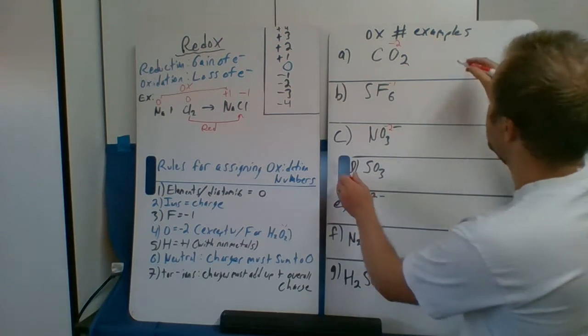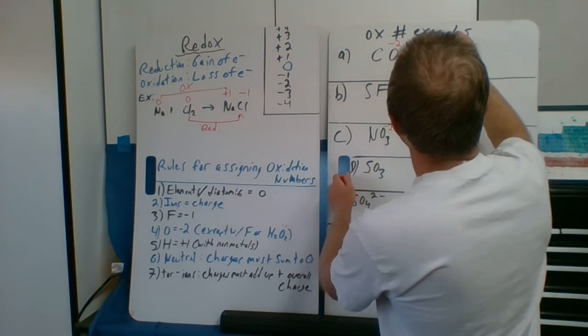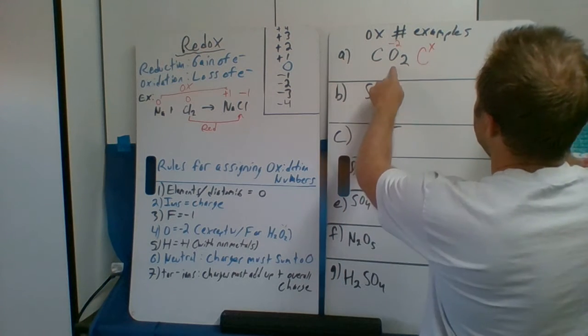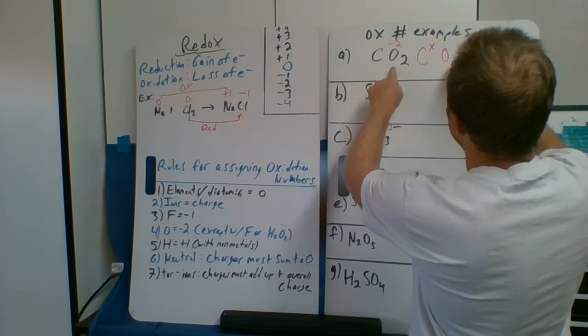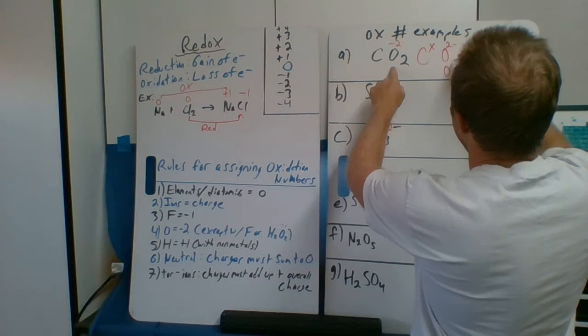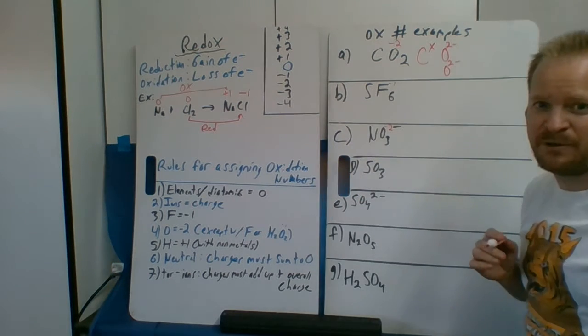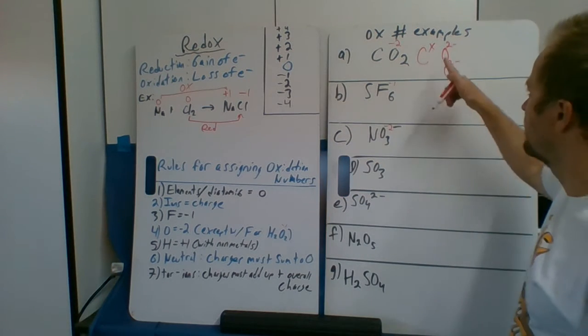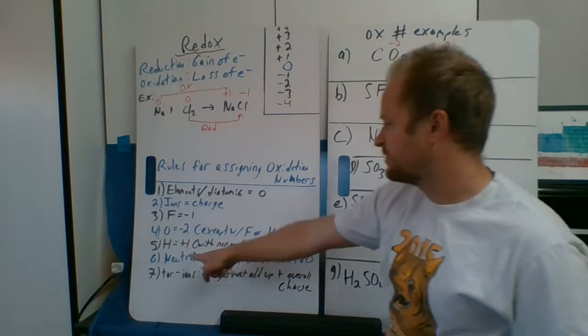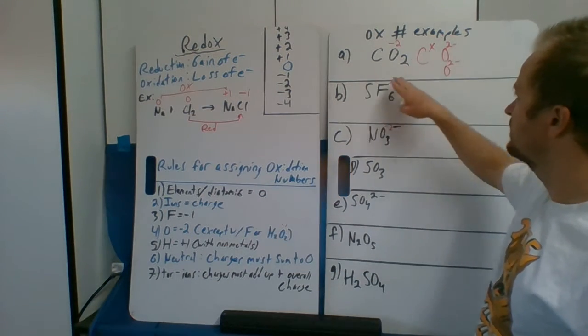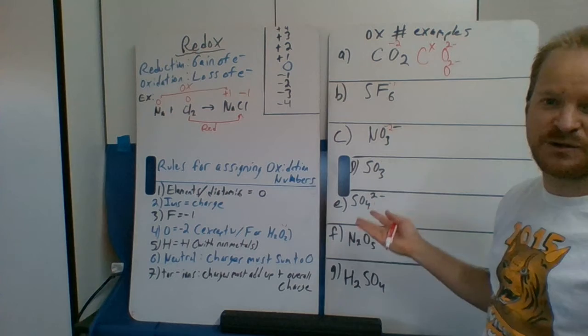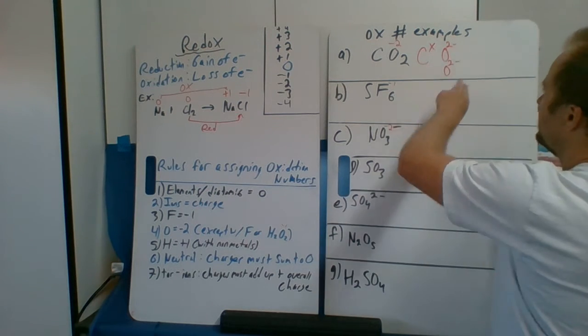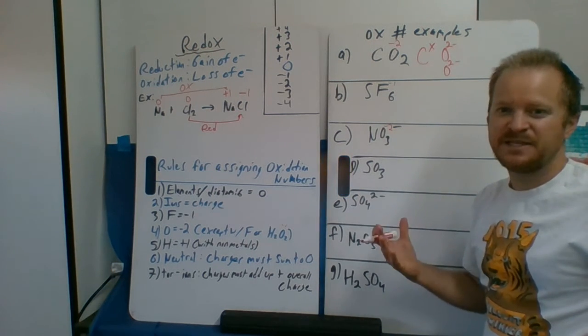So we have C. We don't know what its charge is. And for oxygen, we have two of them, and they're both -2. So according to rule number 6, this is a neutral compound. CO2 has no charge. So everything here has to add up to be 0.